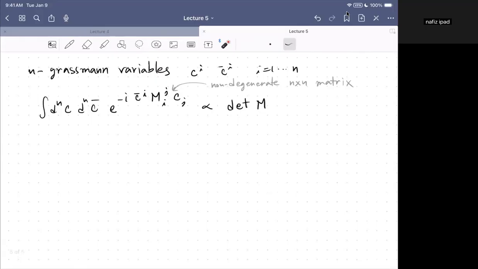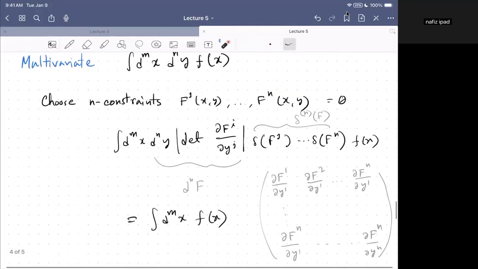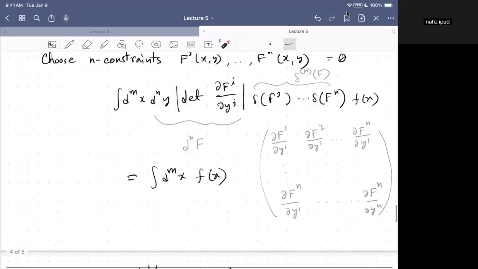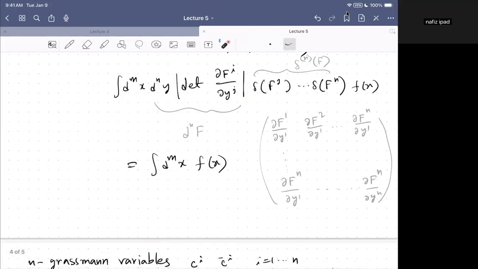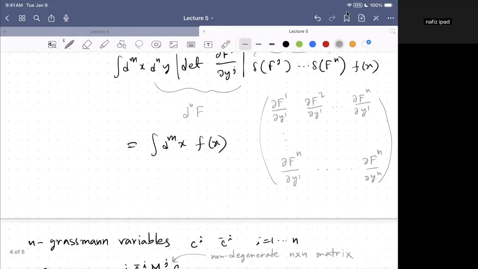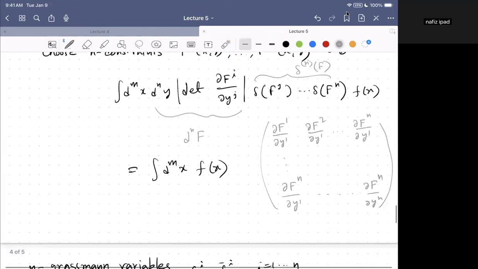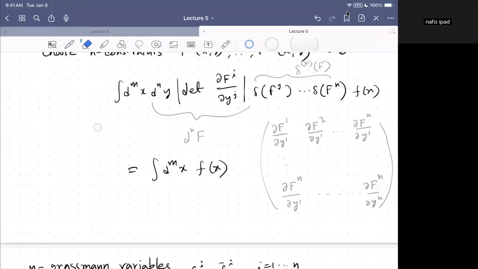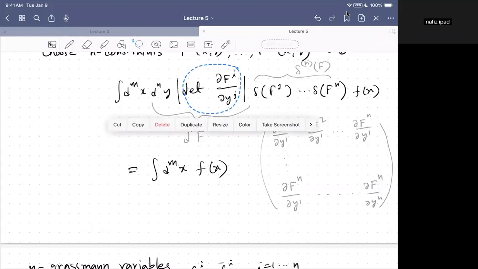So using this trick, you can convert this determinant into something more field theoretic, right? So what you can do is that, okay, I'll write here. So this determinant, and this may get a bit confusing, I'll write it somewhere else.